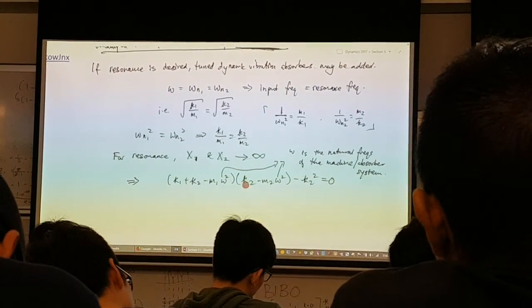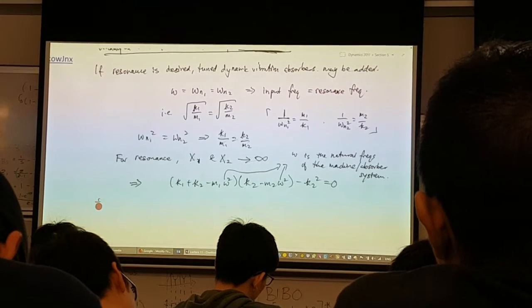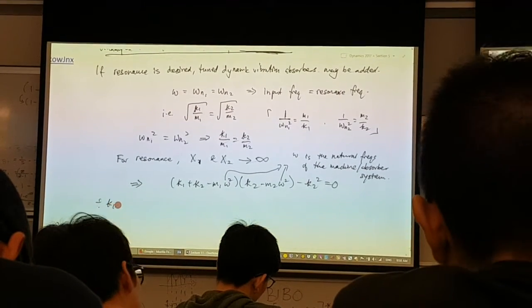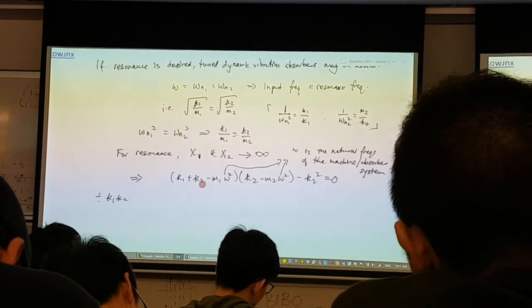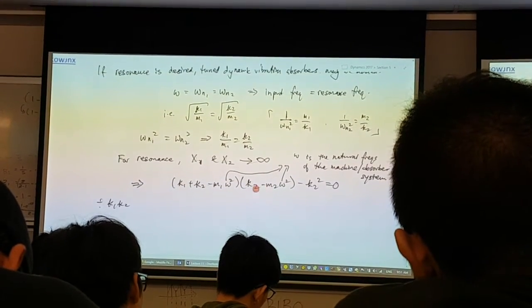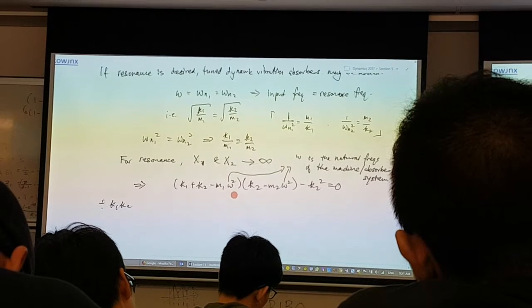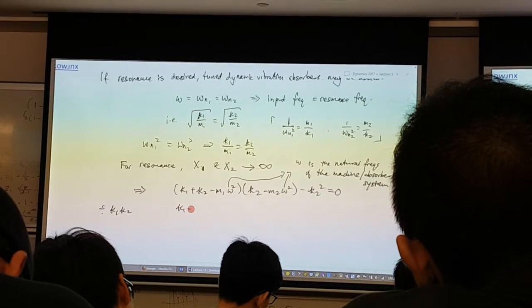I want to simplify this determinant by dividing throughout by k1 and k2. So dividing it throughout by k1 and k2, this term over here, divide by k1 and k2. So I'm going to split up that part.